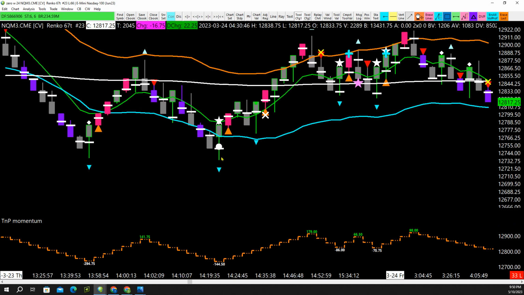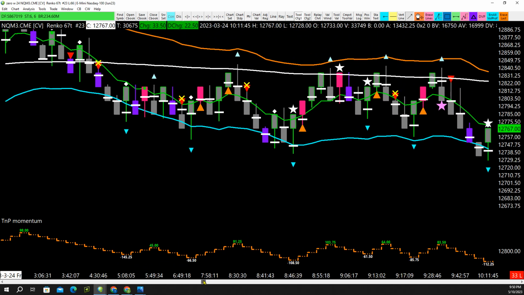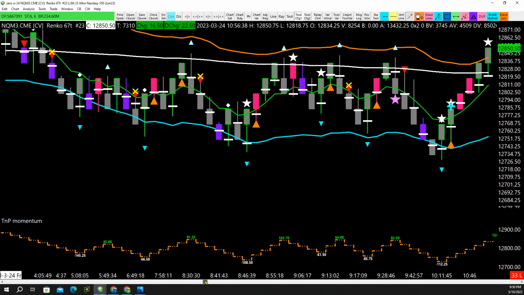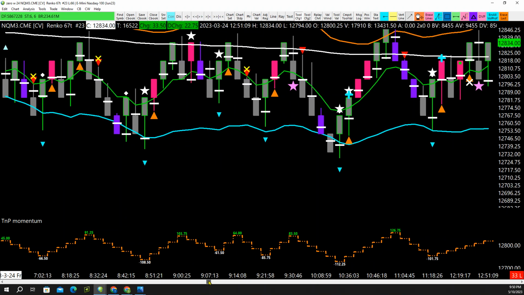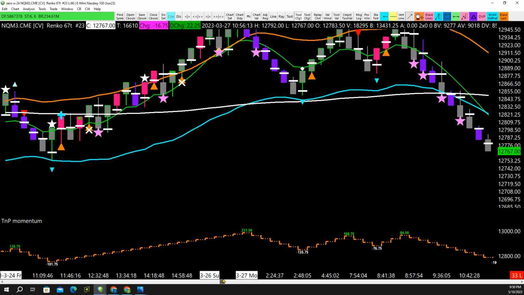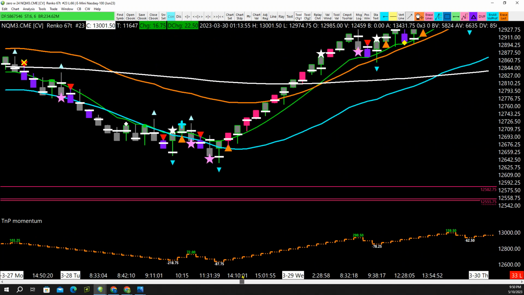so this one never gets stopped out. I want the bar that's getting stopped out to be like, okay, so this is a good example. I would have expected this star to make this push, right?